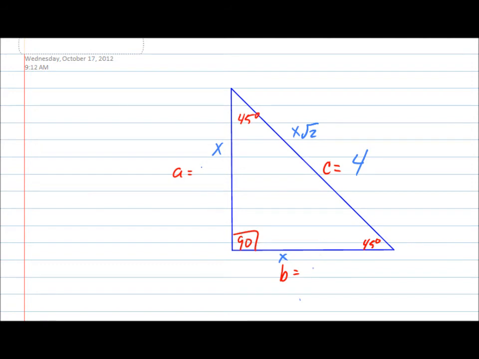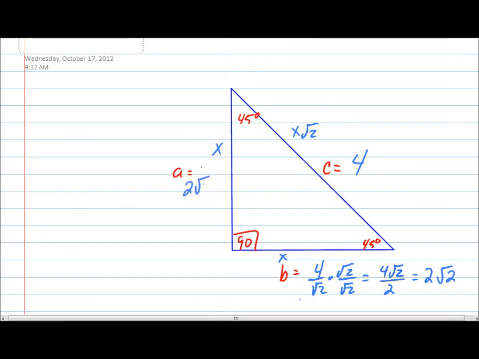So side B is now going to be 4 divided by the square root of 2. But as you know, we cannot have a square root in the denominator, so we multiply by the square root of 2, and that gives us 4 root 2 over 2. 4 divided by 2 is 2 times the square root of 2. And so since this side is 2 times the square root of 2, this side has to be 2 times the square root of 2.